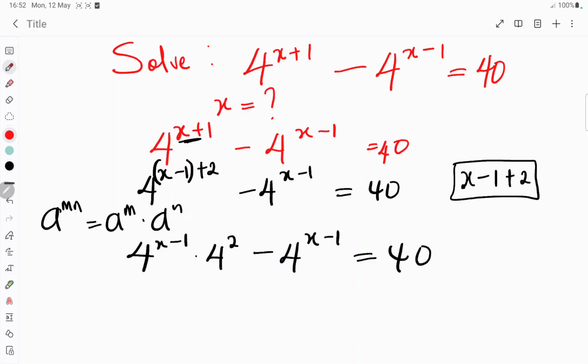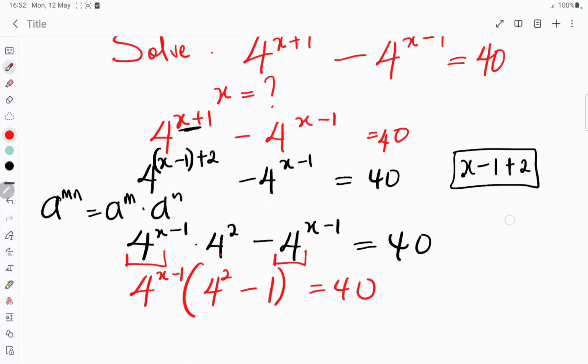Since this is 4 power x minus 1, and this is 4 power x minus 1, I can factorize it out. If I factor out 4 power x minus 1, I'm left with 4 squared, and then minus 1, and that's equal to 40.